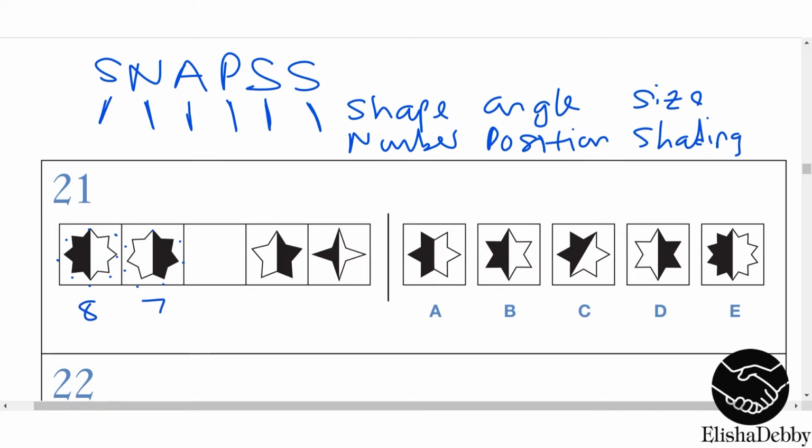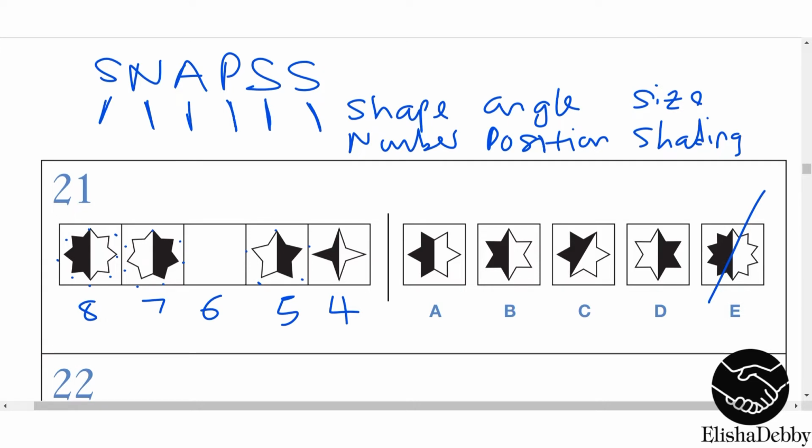This is 1, 2, 3, 4, 5, and this is 4 sides. So that means this should be 6. So we're looking for ones with 6 sides. We can see A has 6 sides, B, C, D all have 6 sides, but E has more, so we cancel it. And that's another point.